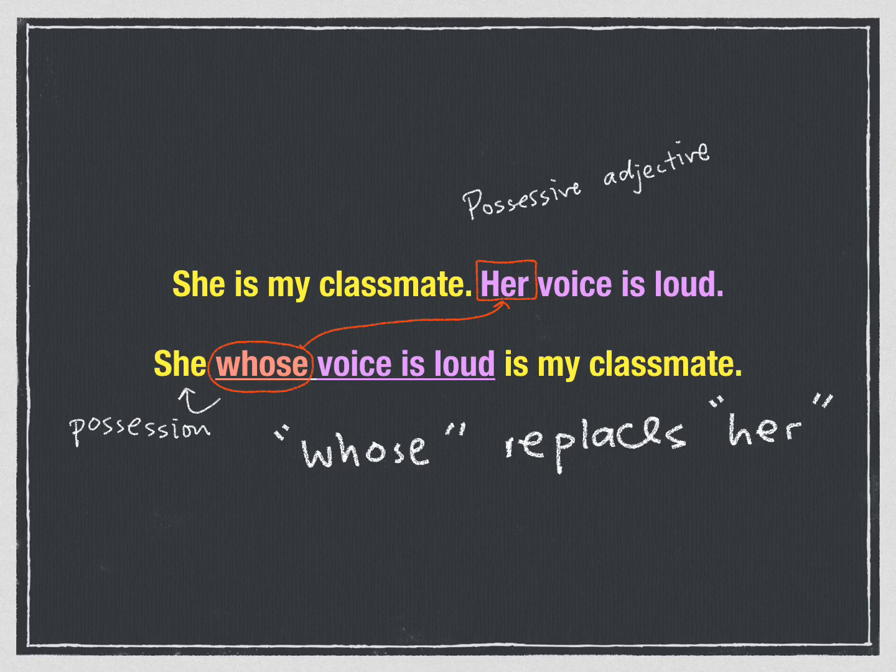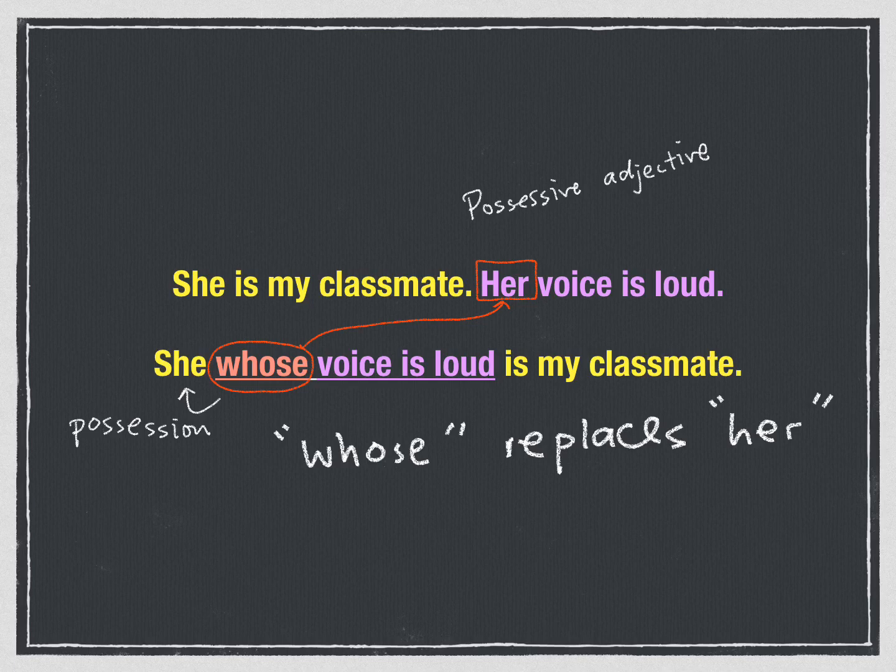And always remember, the WH word is used in the relative clause to describe the noun right in front of the WH word. So here, the word whose is used to describe the noun right in front of this WH word, she.